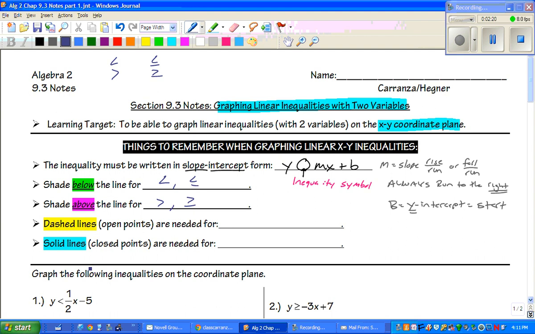Dashed lines, if it's open, just like on the other graph, it's going to be greater than or less than. And if it's solid, it's less than or equal to or greater than or equal to. One of the key things I remember is that if it's solid, it's got that little line underneath it. You're drawing a line, and it's got the line underneath it. You'll see more of that when we start to do some of these problems.